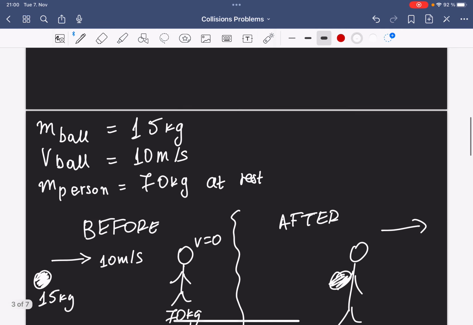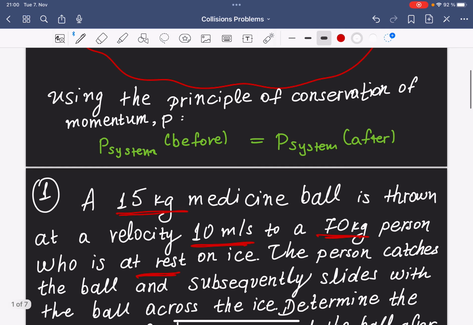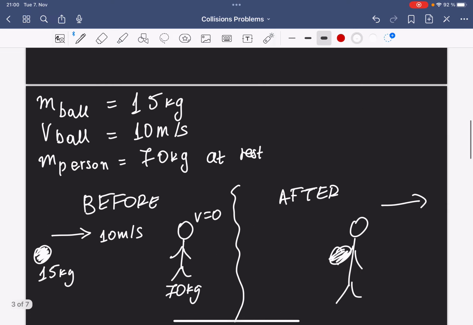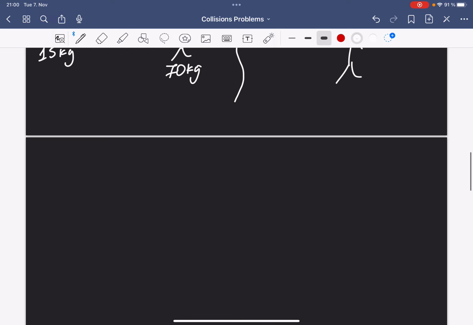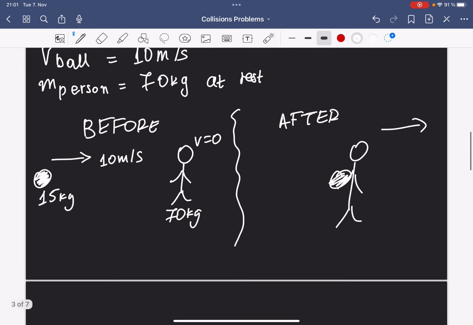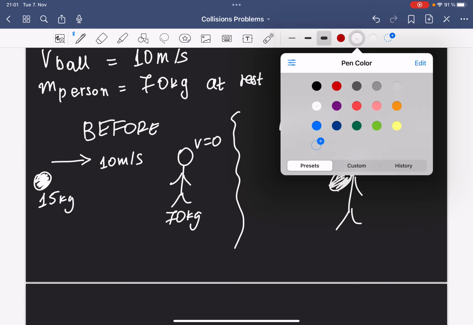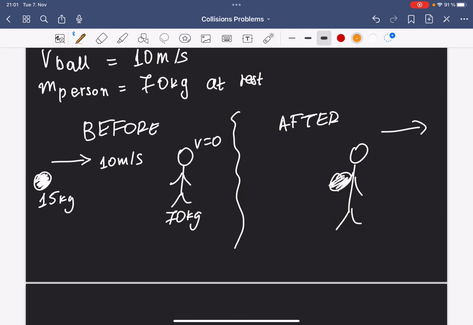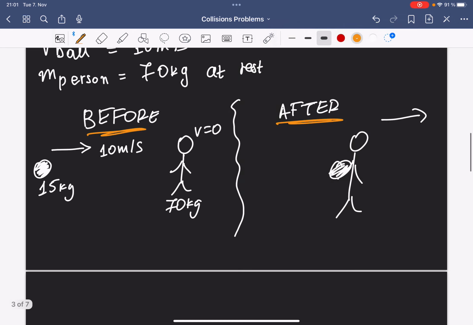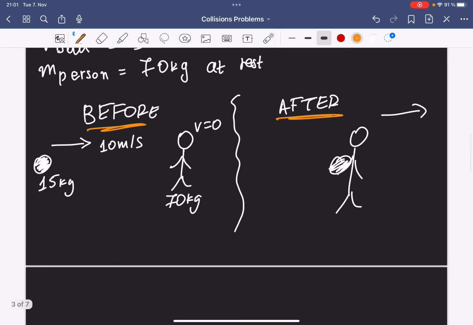Now, the principle of conservation of momentum simply states that the momentum of the system before the collision is going to be equal to the momentum of the system after the collision. Now let's calculate the momentums in the before and after scenario. In the before scenario, we have two objects.